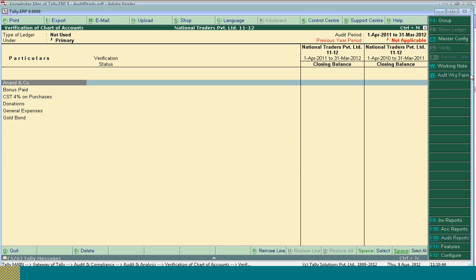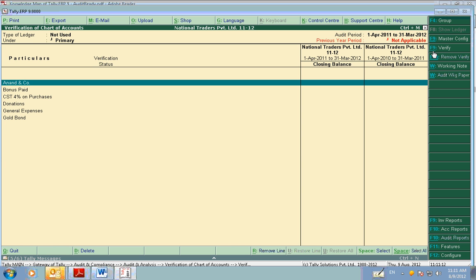Right? So when you're trying to check it, first you will verify whether this particular party is involved in the business, whether no transactions are done, or whether any closing or opening balances are not accounted, and directly you have an option to delete them. Clear? So if you feel that it has to be verified, always highlight them and go for the verify option.